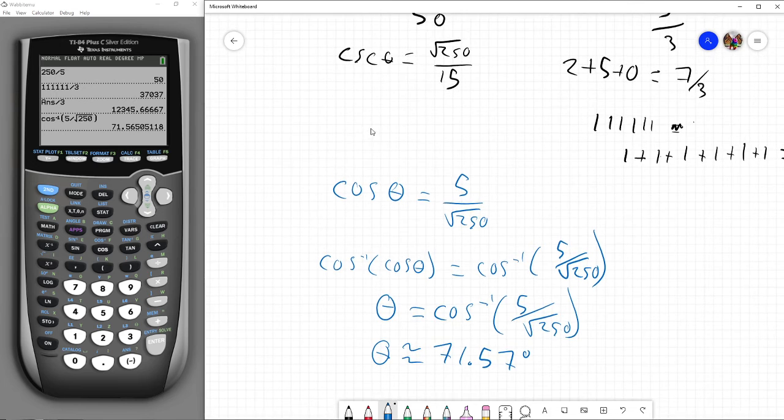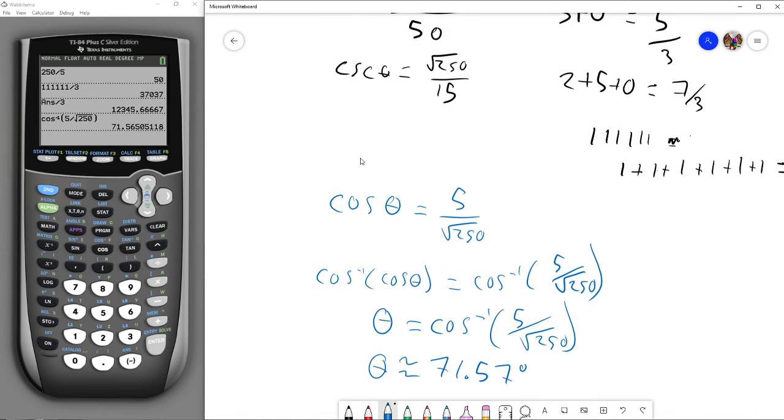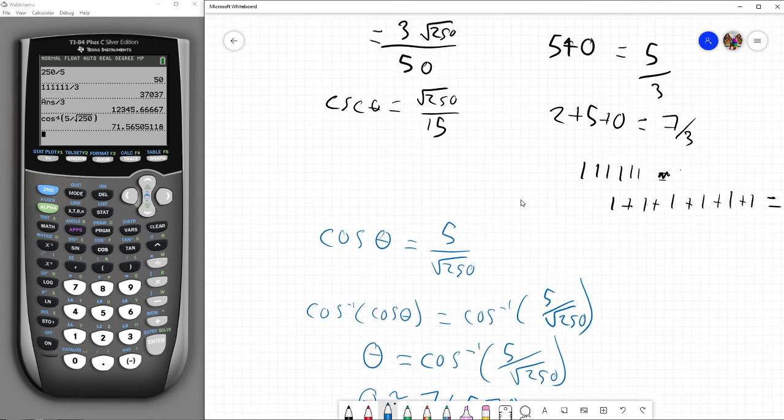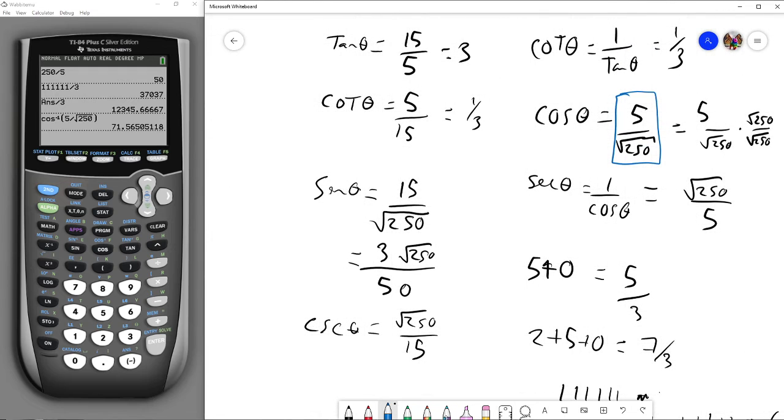So since we're dealing with a right triangle, before I move on, in general, you want to use sine, cosine, and tangent. Those are the three functions you want to use to find theta if you're interested in finding that angle.